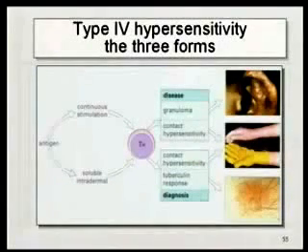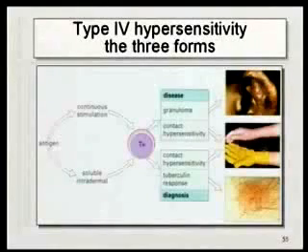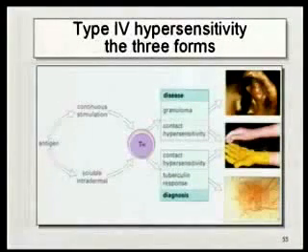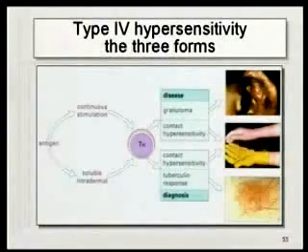Okay? If it is a soluble intradermal injection, just like in the case of tuberculin reaction, or exposure to things like poison ivy, poison oak, etc., it will lead to contact dermatitis or tuberculin type response. Okay?